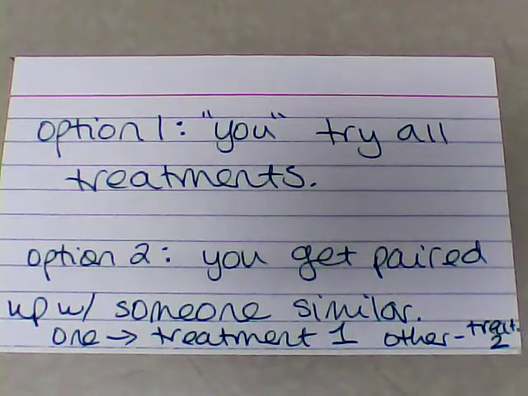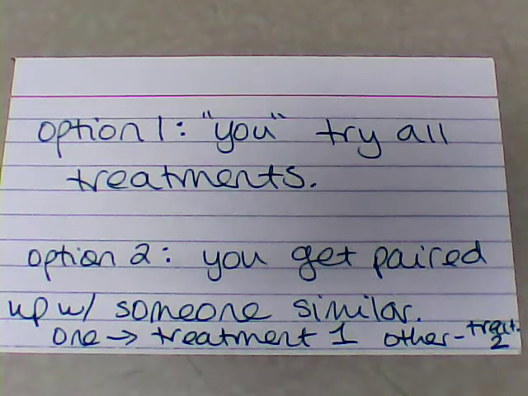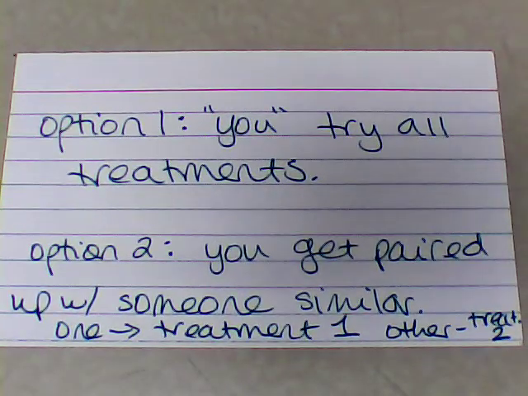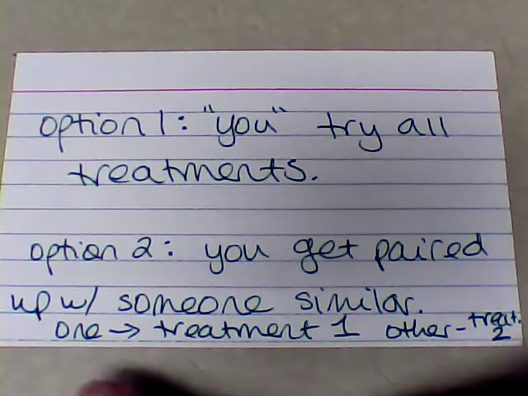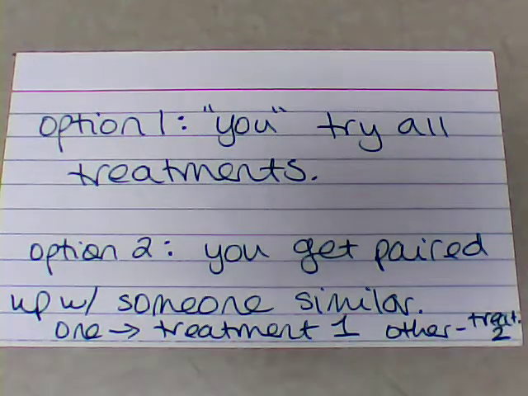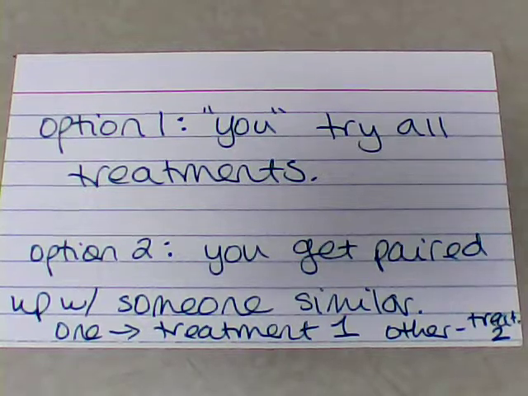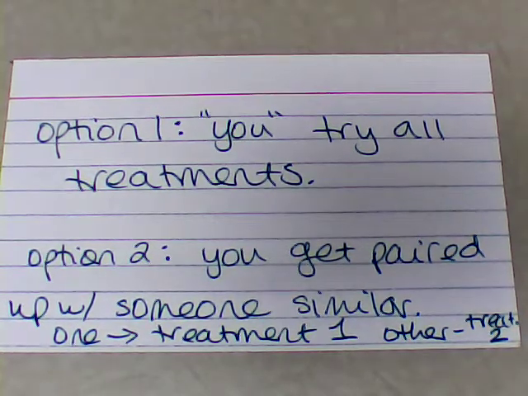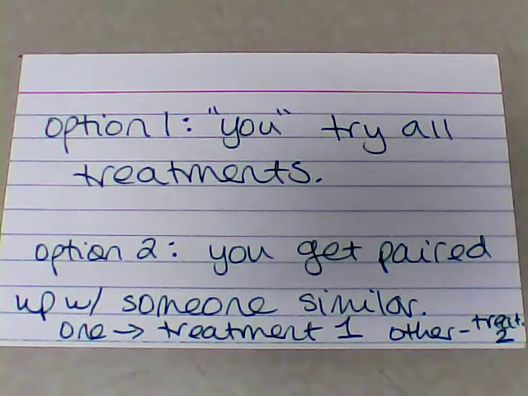You're trying both treatments. Another type of matched pairs is more like how it sounds. So you're getting paired up with someone similar to you in all ways that you can think of, except that one person or object is getting treatment 1 and the other person is getting treatment 2. So the classic example of a matched pairs experiment would be to get twins and have one twin try one treatment, and randomly decide which twin gets which treatment.